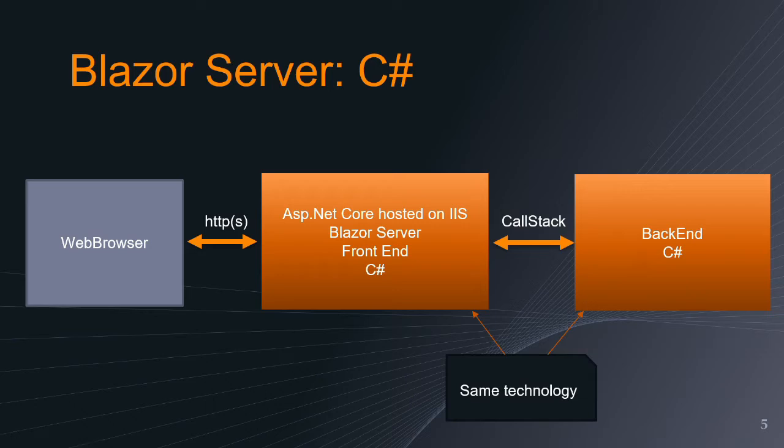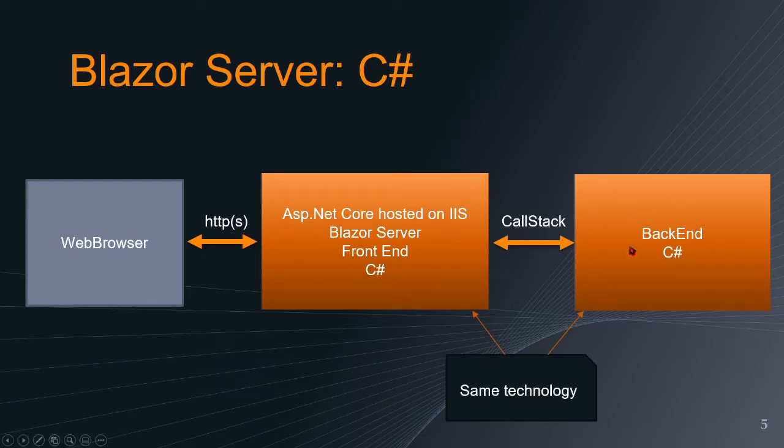The added value is that you can communicate between different layers with the call stack. So from the front end, by using C#, you can directly reference other projects also written in C#, so everything is in the same memory space. In other architectures, you can have, for example, a front end in HTML or JavaScript, like React.